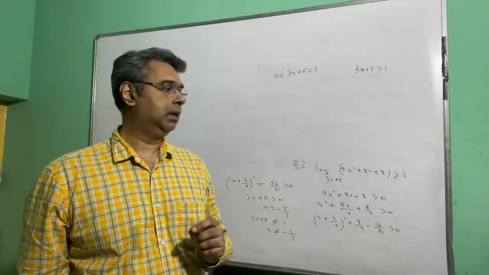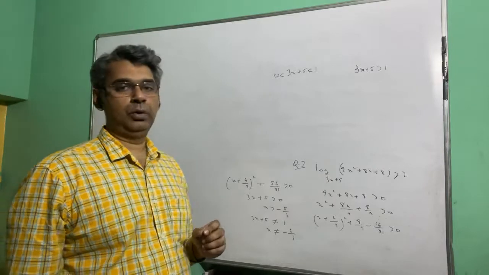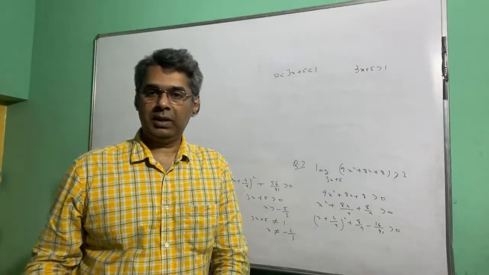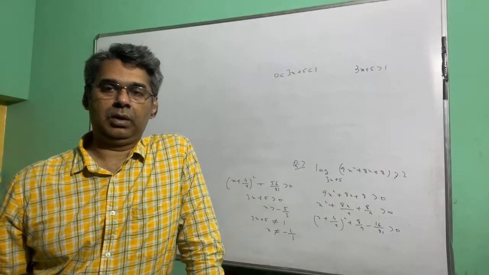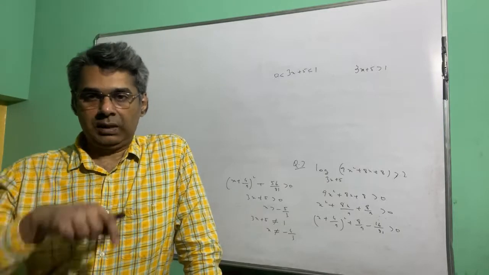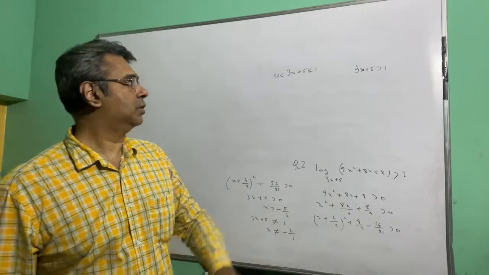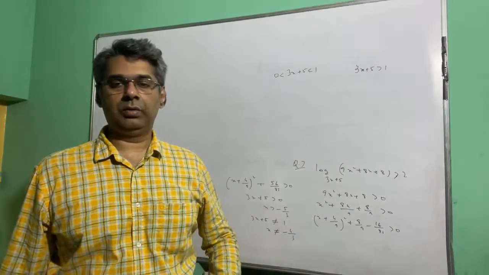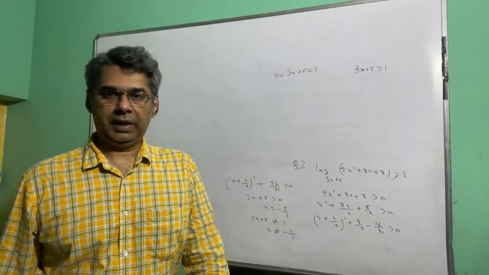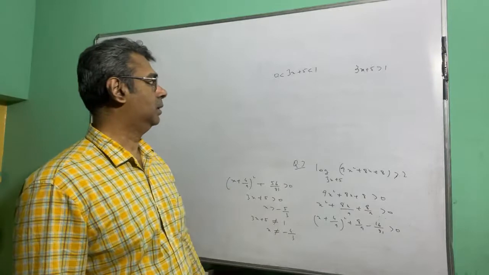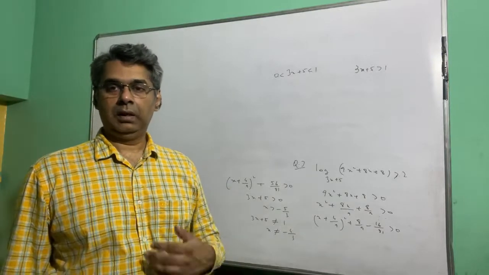Now remember one thing, that if you take log of any number more than 1, the answer will be positive. If you take log of any number less than 1, the answer will be negative. Now if you say that 3x plus 5 is between 0 to 1, that means 3x plus 5 is a fraction. In that case, the log of 3x plus 5 will be negative.